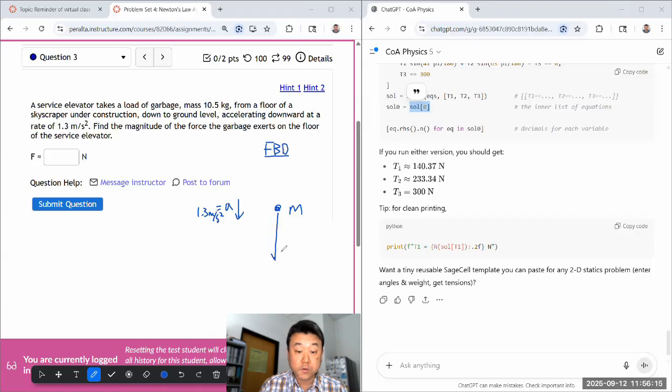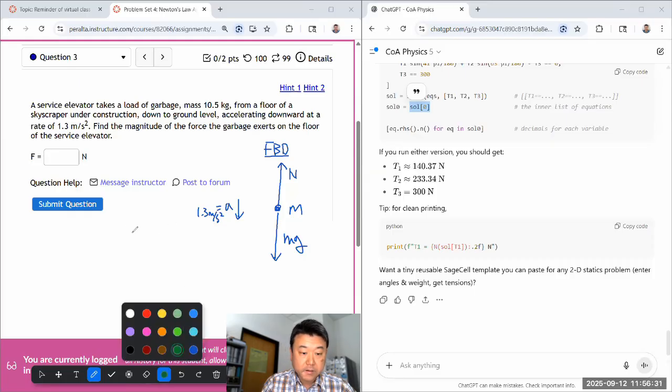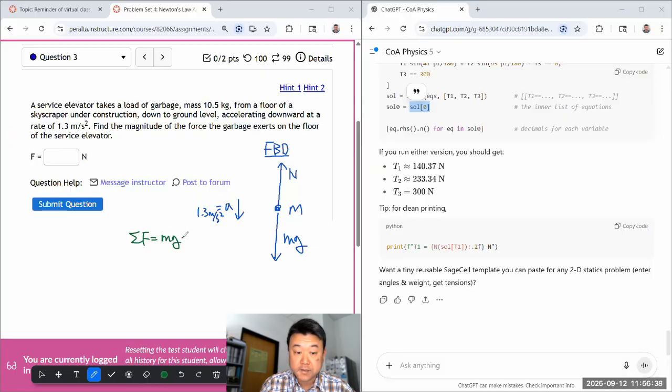You draw the forces: the downward mg, and you realize there's a normal force, upward N, and you write down Newton's second law. Net force is, let me write it in a different color, equal to downward, same as acceleration, mg, that's positive, minus the upward N, that's negative, equal to ma.